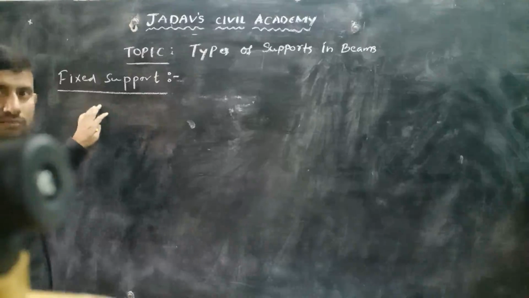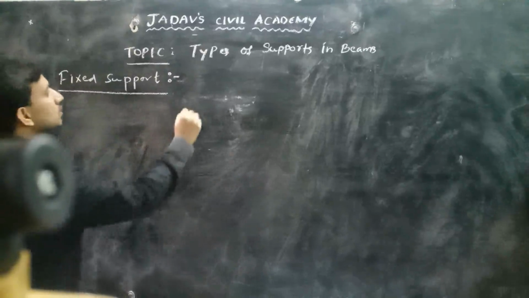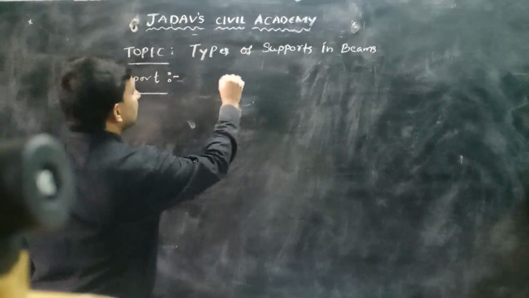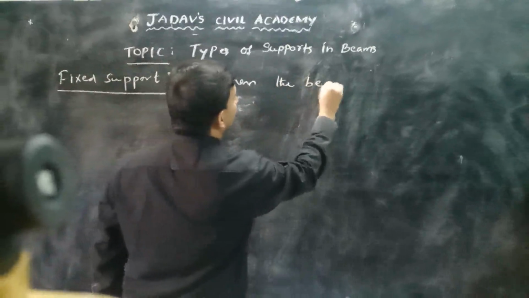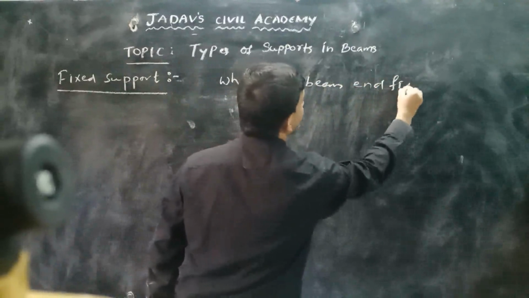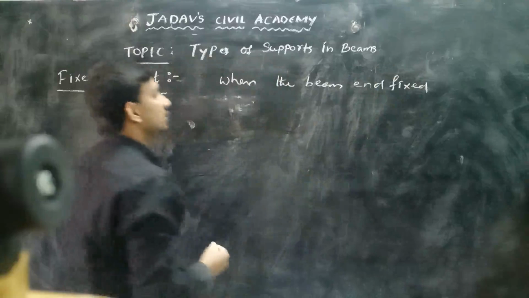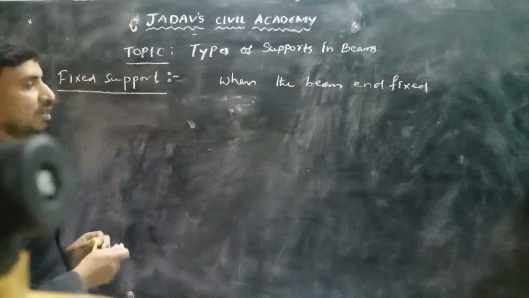The last type of support is a fixed support. It is defined as follows: when the beam end is fixed, the support at the end of the beam is called a fixed support.